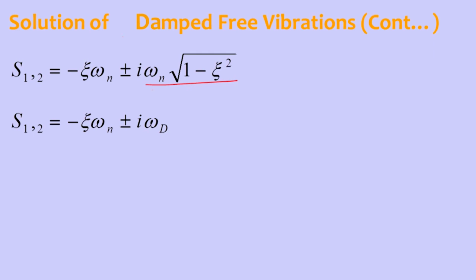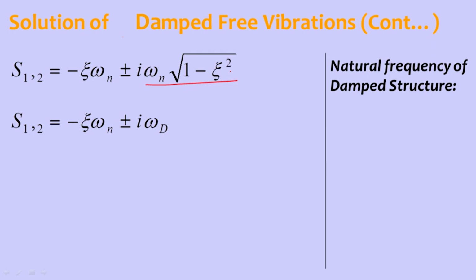The earlier one, omega n alone, is the natural frequency, whereas omega d is termed the damped natural frequency, which is omega n under root 1 minus zeta square. So s1 is one root and s2 is the second root. The natural frequency of a damped structure can be calculated like this.